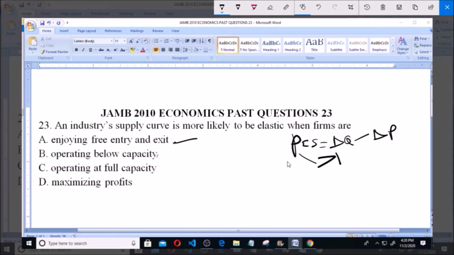No. Operating below capacity. No. Option D says maximizing profits. No. Option C says operating at full capacity, because we said it measures the relationship between change in quantity as applied following a change in price. So we said that producers can increase output without a rise in cost. So option C is the correct answer.